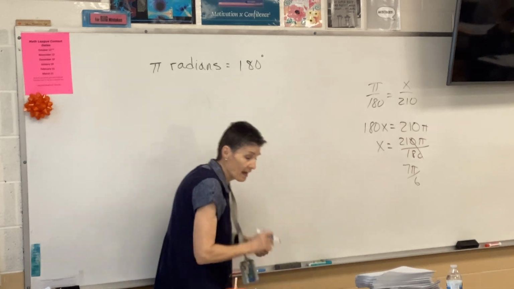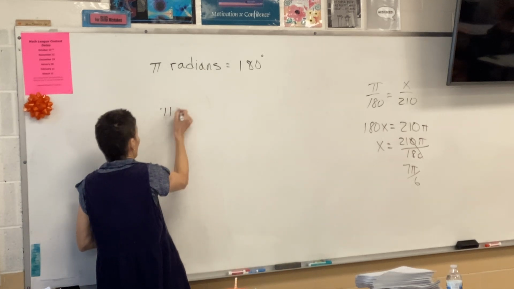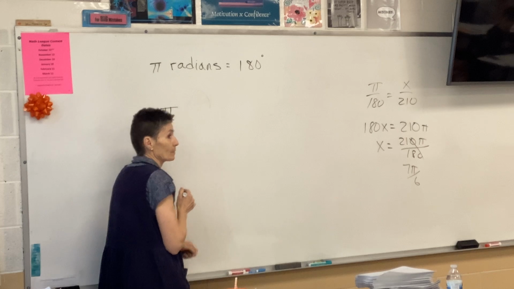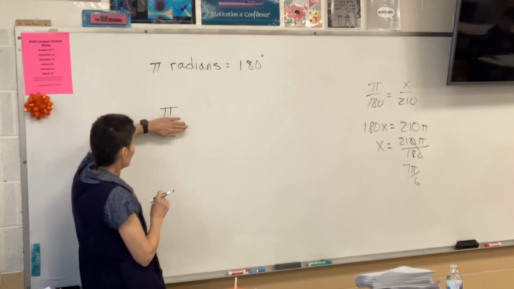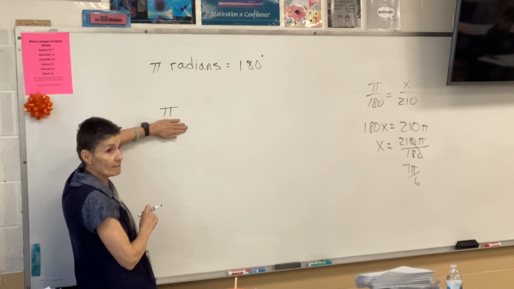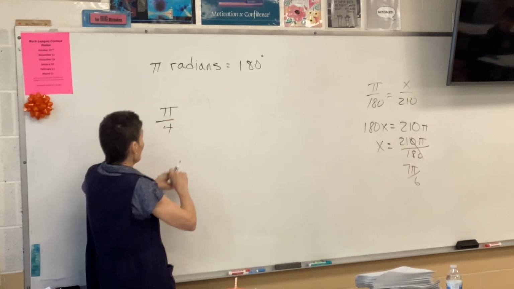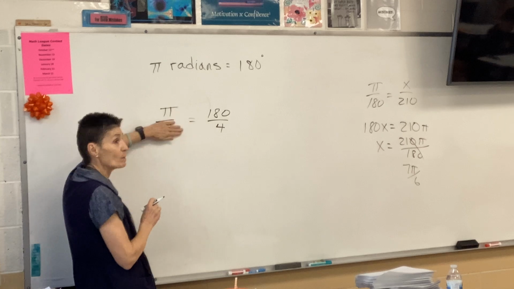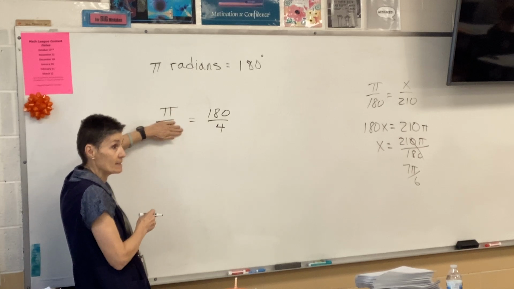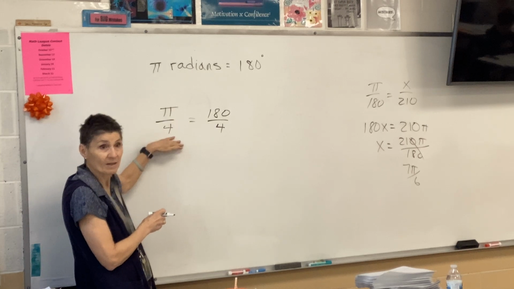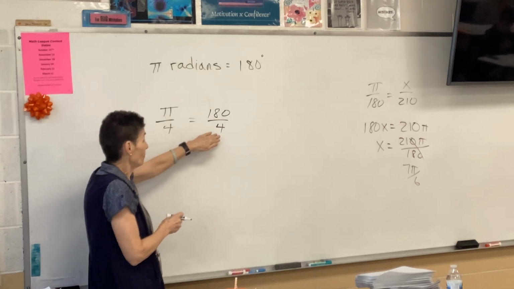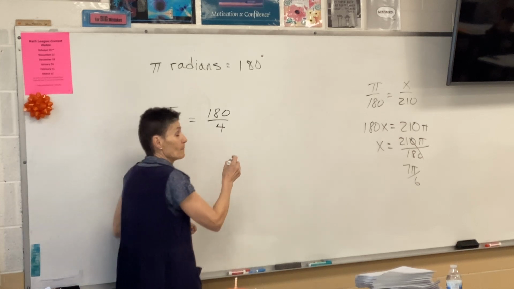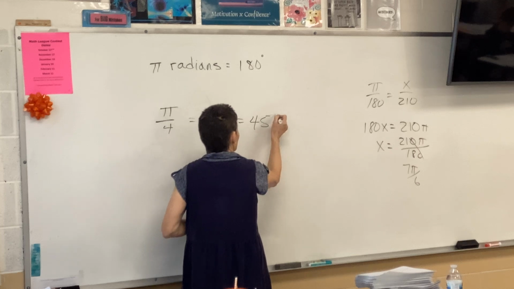So we are wondering about pi over 4. Well, isn't pi 180? So aren't we just doing 180 divided by 4? Since we know pi is 180 degrees, we want a fourth of that. So what's 180 divided by 4? 45. So the answer is 45 degrees.